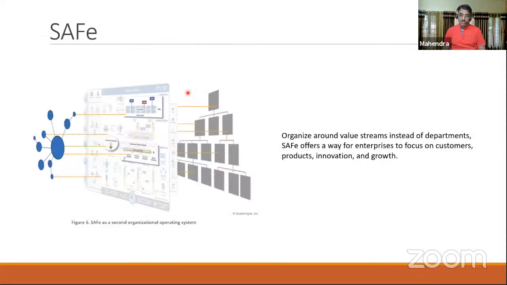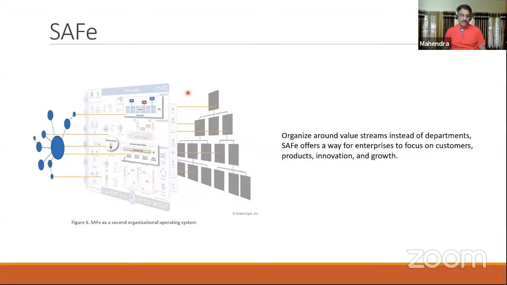This is exactly what the Scaled Agile Framework provides. In SAFe, we are organized around value streams instead of departments. And SAFe offers a way for enterprises to focus on customers, products, innovation, growth, employees, and things like that.